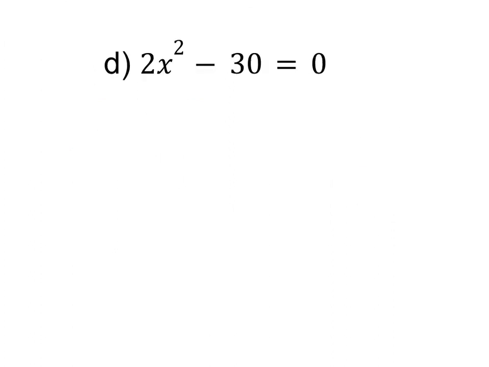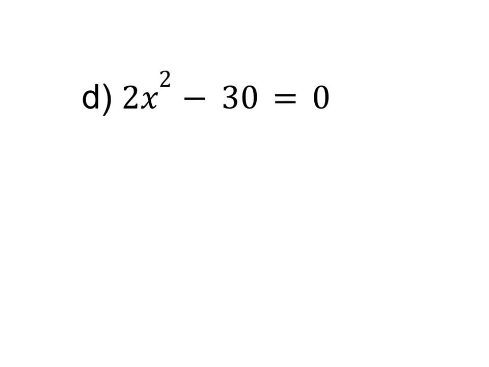All right, letter D. Ooh, this one is fun. Okay, so let's move that 30 over, right? So I have 2x squared equals 30. But we have a problem. The x squared is still not by itself, and in order to do this, it has to be by itself.